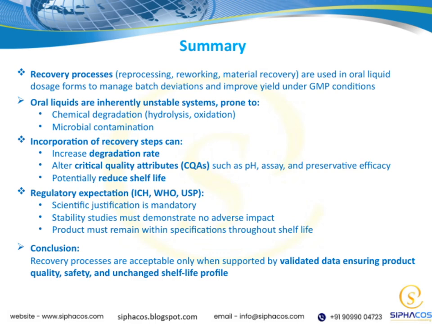Incorporating recovery steps can be beneficial, but it's important to understand that they may also increase the degradation rate and potentially alter critical quality attributes, or CQAs, such as pH, assay, and preservative efficacy. This, in turn, could potentially reduce the shelf life of the product.